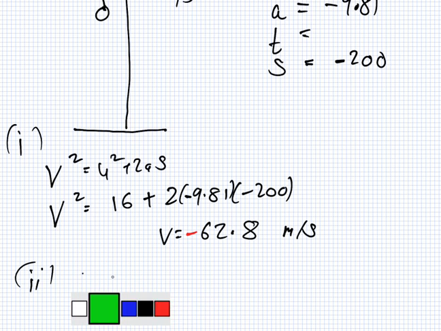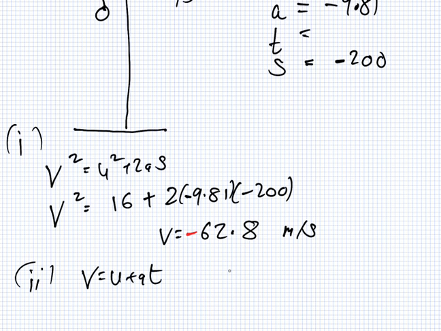Okay, so now we can use the formula V equals U plus AT. So we get T equals V minus U over A, which would be minus 62.8 minus 4 over minus 9.81.